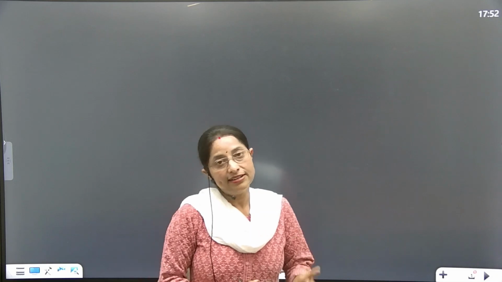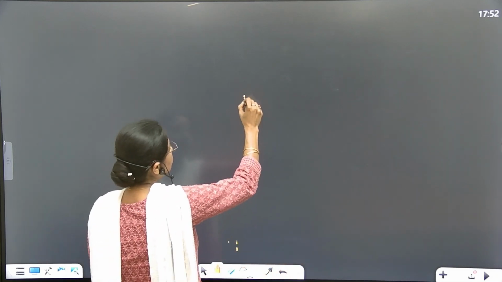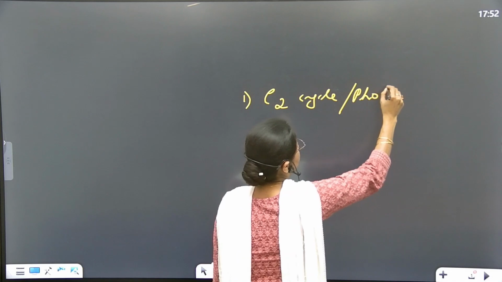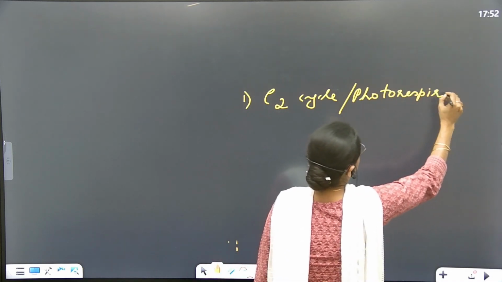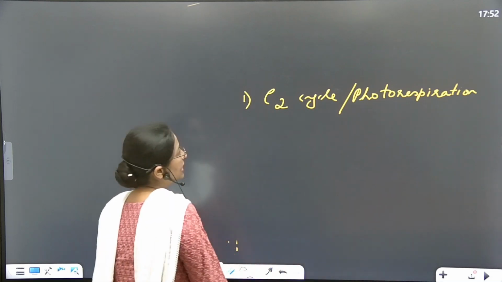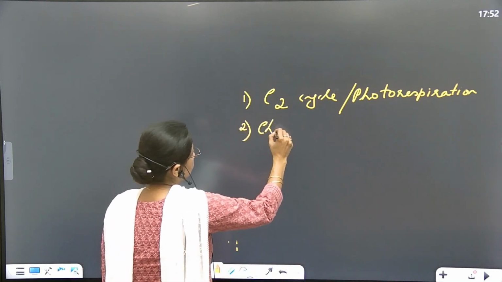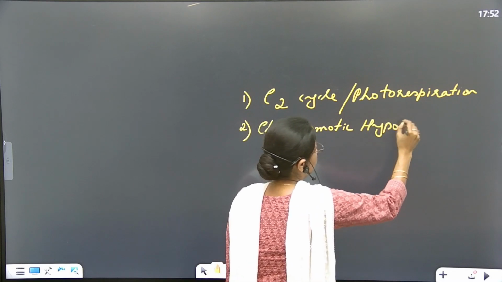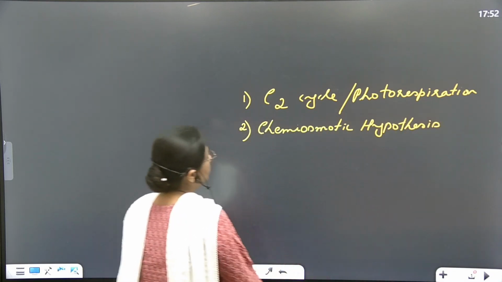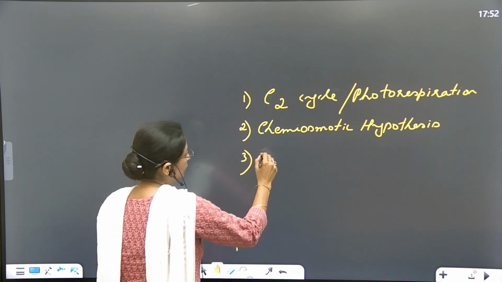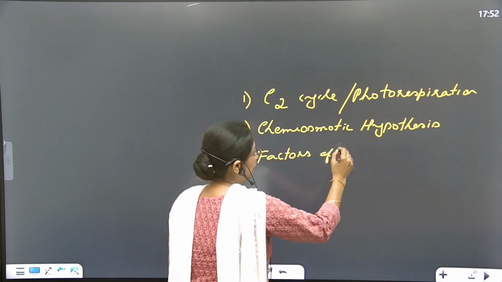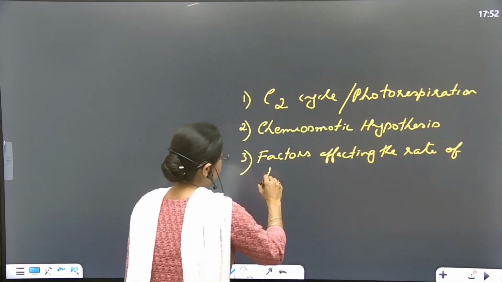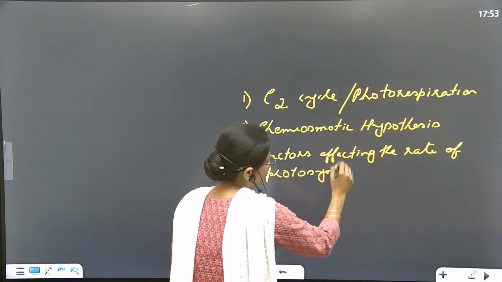Together with that, another two topics that we need to study in this chapter are photorespiration, the C2 cycle of photorespiration, and finally we'll be talking about factors affecting the rate of photosynthesis, right?